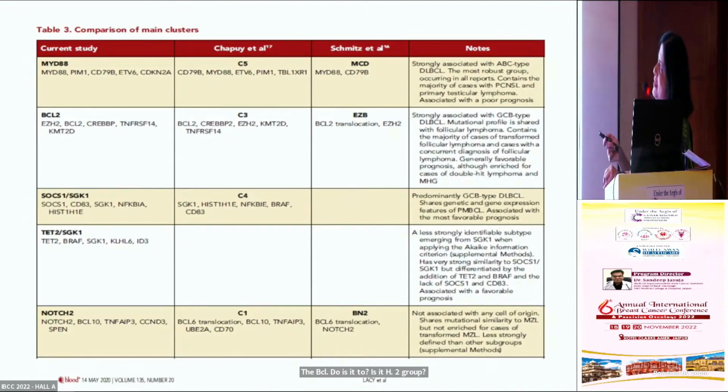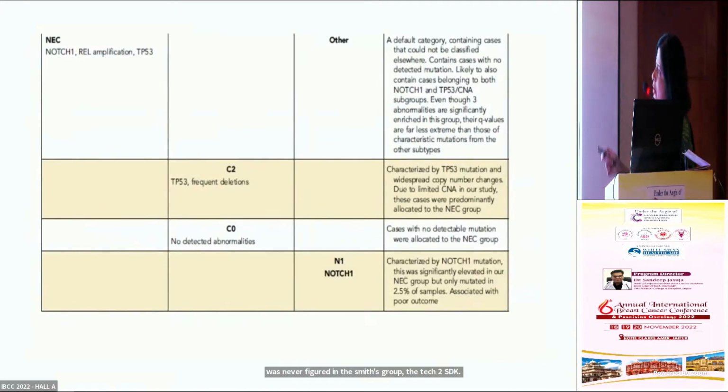But anyway, the germinal center, bad germinal center group is C3 in Chapuy and EZB in Schmitz's group. The SOCS1 SGK1 was in the Chapuy group, but it was never figured in the Schmitz's group. The TET2 SGK1 also never figured in these 2 studies. The NOTCH2 group continued to be C1 and BN2. Now, later on, there was a problem because the TP53 was not found in the Lacy study. It was very prominent in the Chapuy study, and it was not found in the Schmitz study.